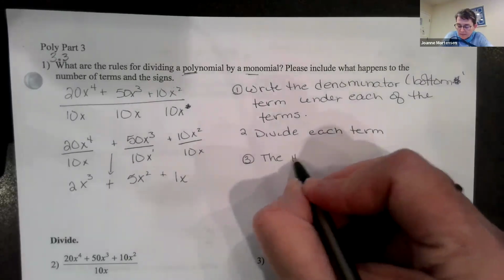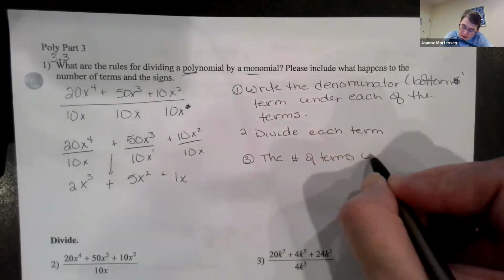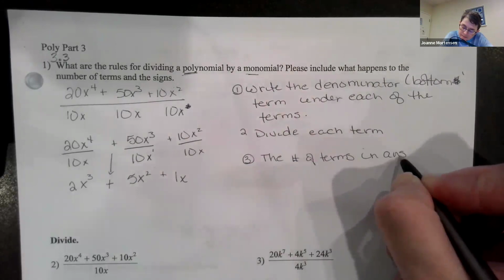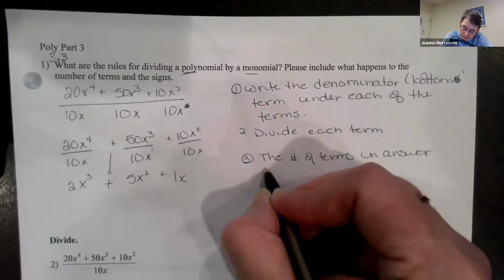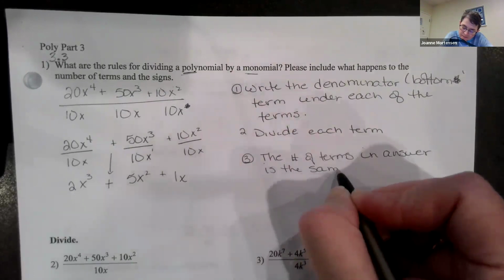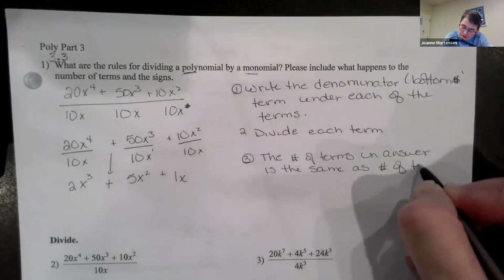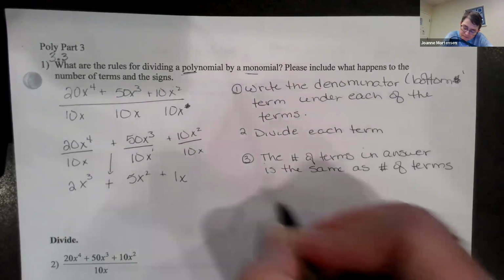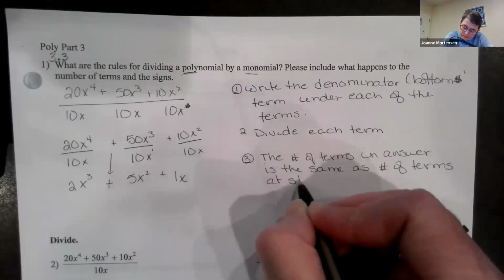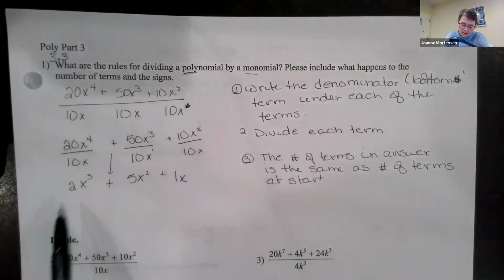Rule 2: the number of terms in the answer is the same as the number of terms at the start. So if I've got 3 terms, 1, 2, 3, my answer should have 1, 2, 3.